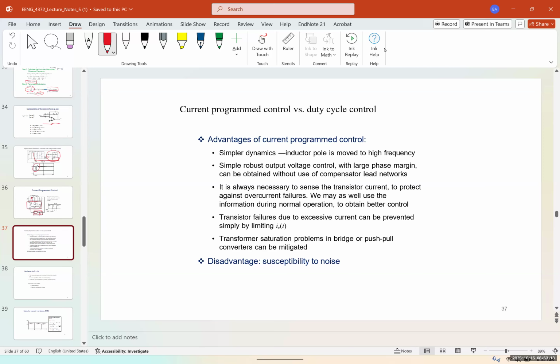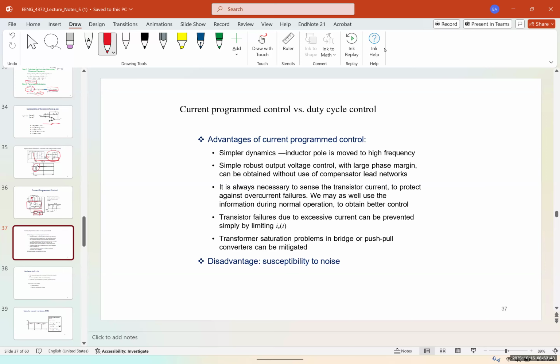It has a simple, robust output voltage control with large phase margin and can be obtained without use of compensator lead networks. It is always necessary to sense the transistor current to protect against overcurrent failures. We may as well use the information during normal operation to obtain better control. The transistor failure due to excessive current can be prevented simply by limiting IC. The transformer saturation problem in bridge or push-pull converters, and I'll explain about bridge and push-pull converters, can be mitigated.